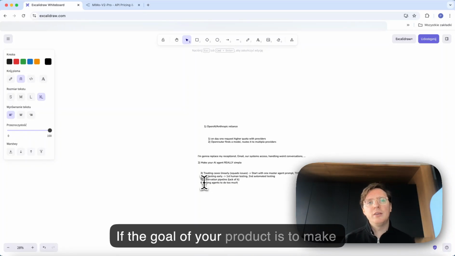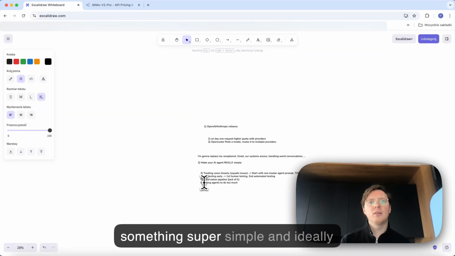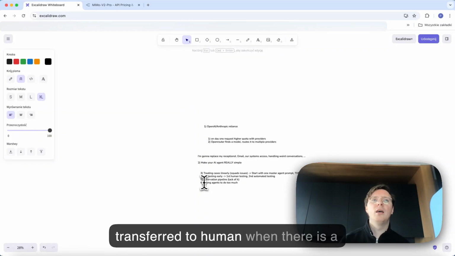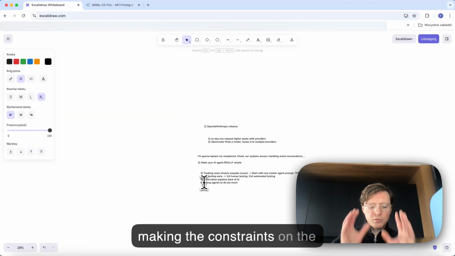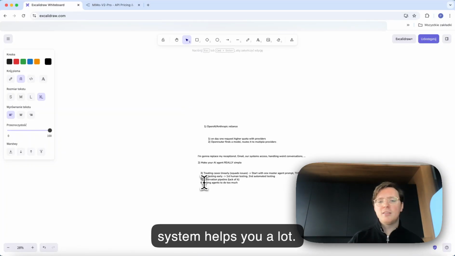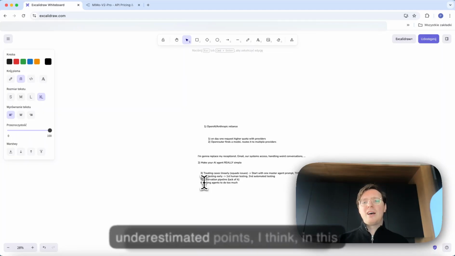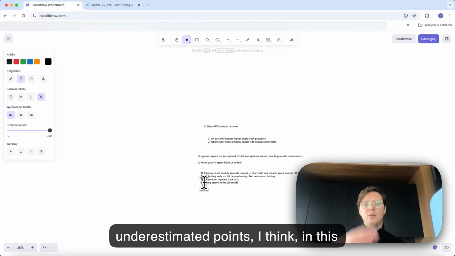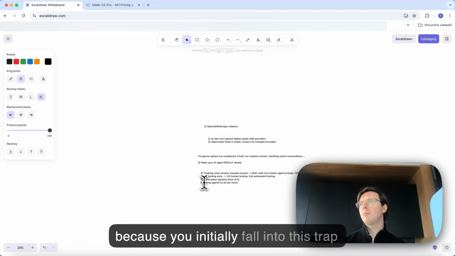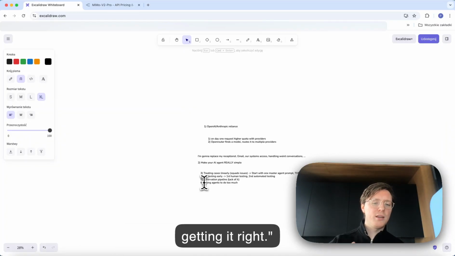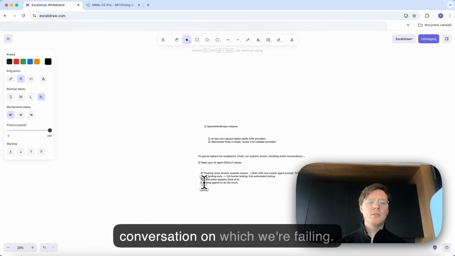If the goal of your product is to make something super simple and ideally transfer to a human when a certain risky action is performed, then putting constraints on the system helps you a lot, and it's actually one of the most underestimated points, I think, in this whole list in terms of costliness, because you initially fall into this trap of assuming, oh, I'm very close to getting it right. There's only a certain type of conversation on which we're failing.